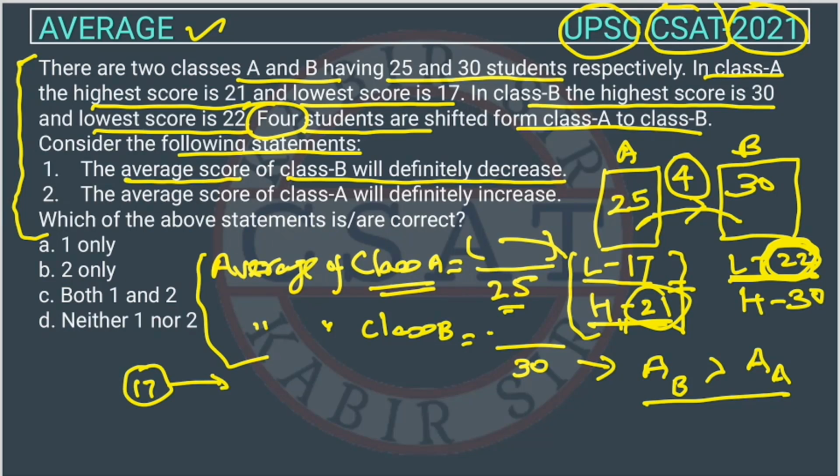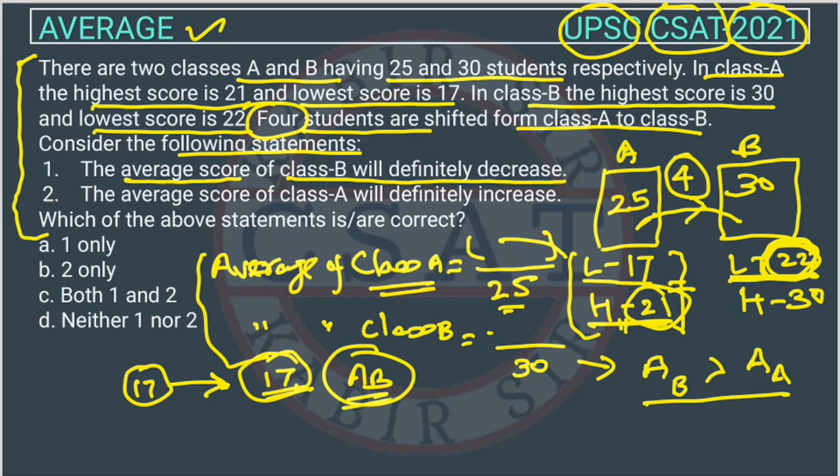The minimum-marks students are shifted from class A to class B. Initially the average score was 22, but now some students are coming who have marks less than 22, students whose marks are 17, right? So the average of class B will decrease.